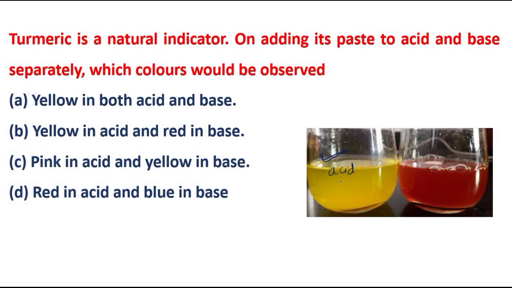There is no change in color. But when we add base to the turmeric solution, then it changes into the red color. So these are the color changes we can see when we use turmeric as an indicator. It remains yellow in acid and red in base. The correct answer is option B.